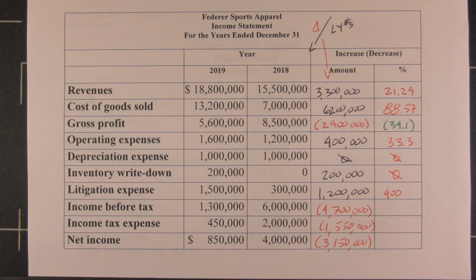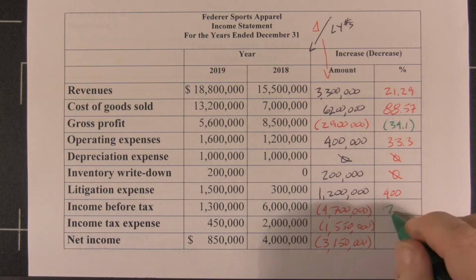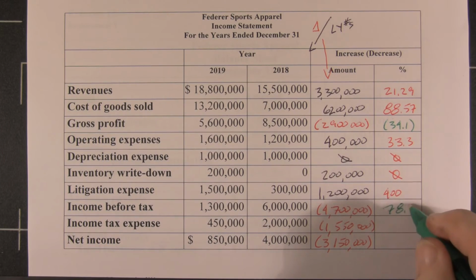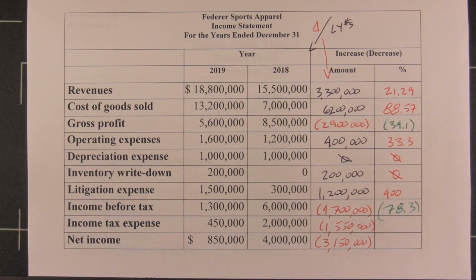Then my income before tax had been 6 million. It went down 4.7 million. So that's a 78.3% reduction in income before tax. Now the only bright spot in this whole mess is our tax expense also went down from 2 million to 450,000.